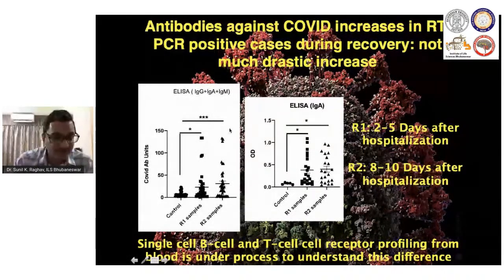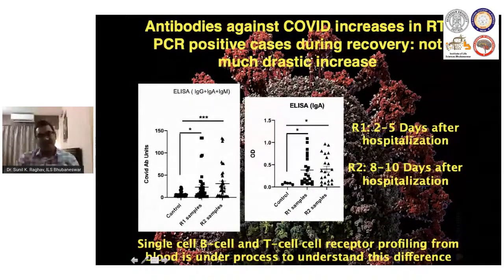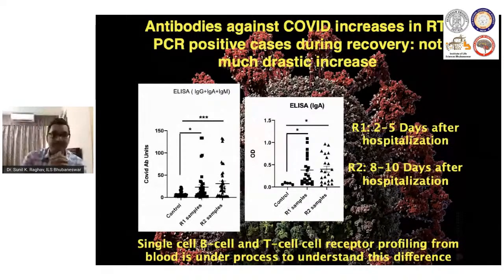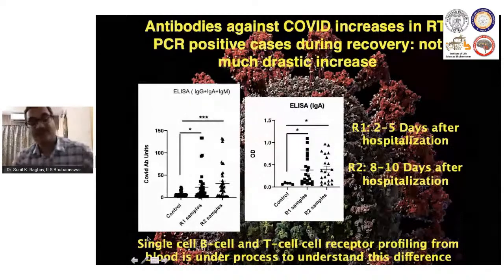Only some of the individuals develop antibodies, and this is the problem that I told you about, that somehow the spike receptor binding domain is not very open and is not very visible to the immune cells, and that's the reason antibodies don't develop very strongly in some of the cases. And this might be a problem, hopefully it should not be, in reinfection cases also if the antibodies don't develop very strongly.